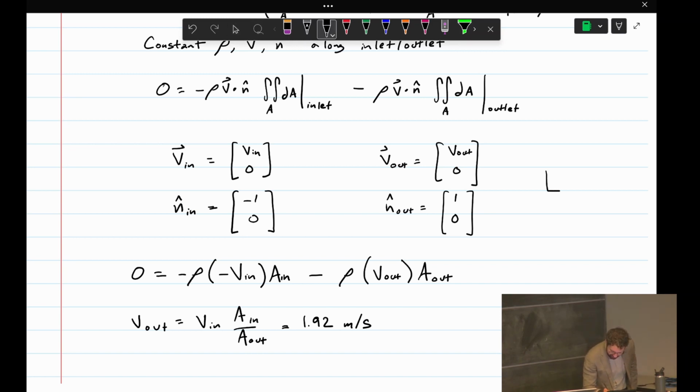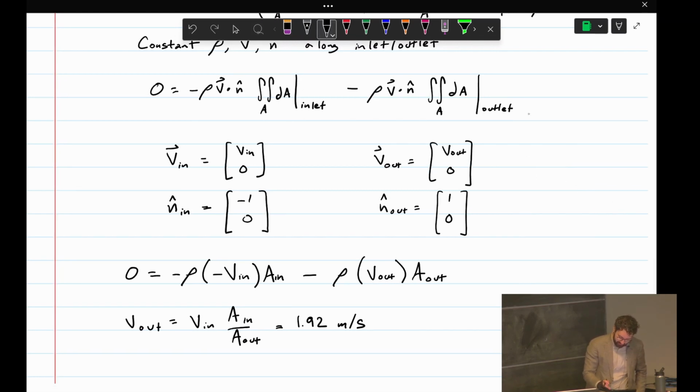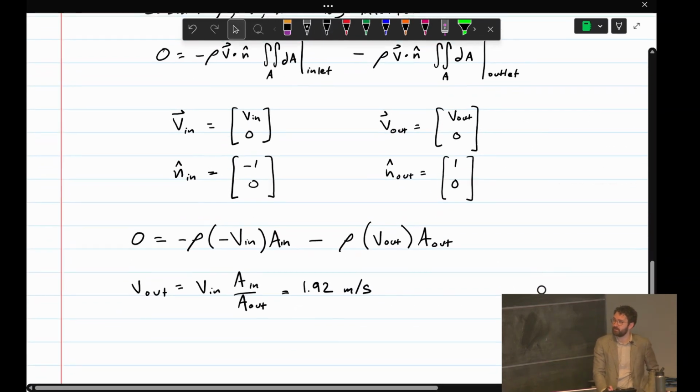Say you have a box and you're doing an area integral of dx dy. You integrate over x, and then you integrate over y, so this is integrating over dA. That would just be xy, which is A, and then this one is just A. Delete that. Yeah, no problem. Any other questions about this example?